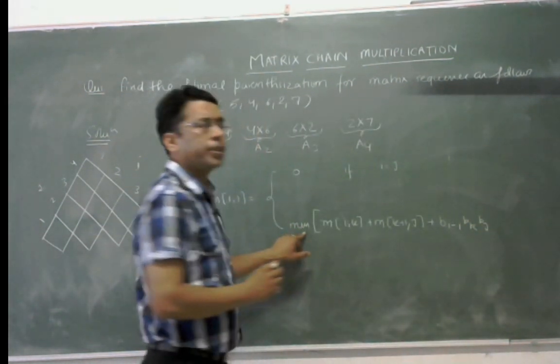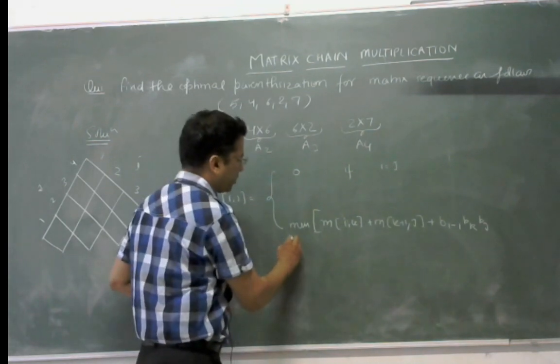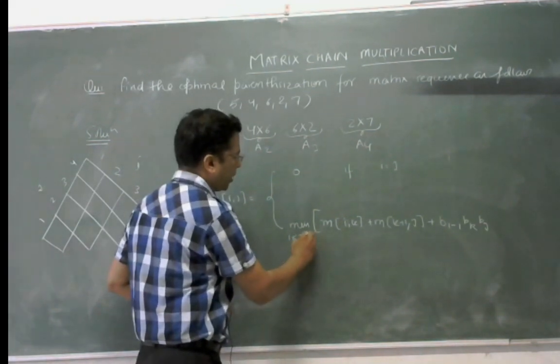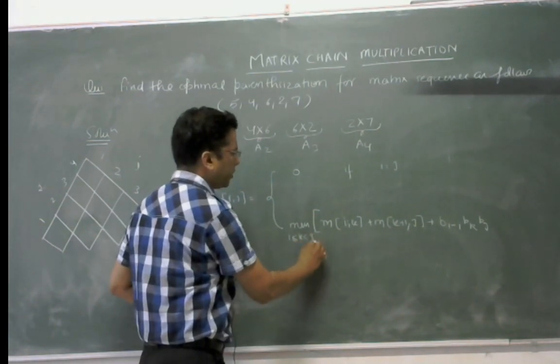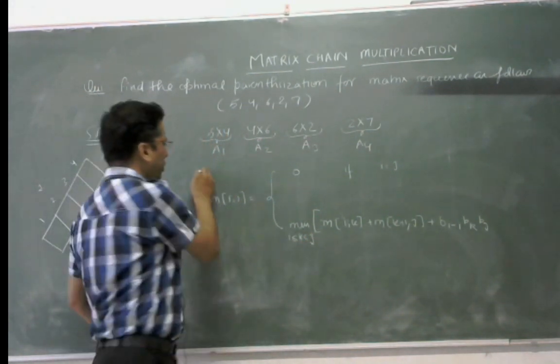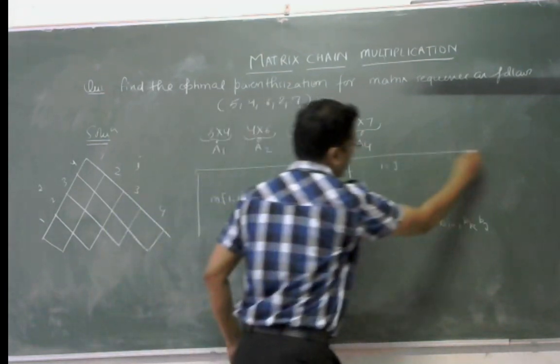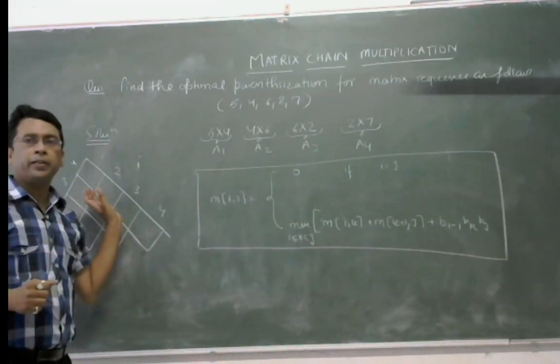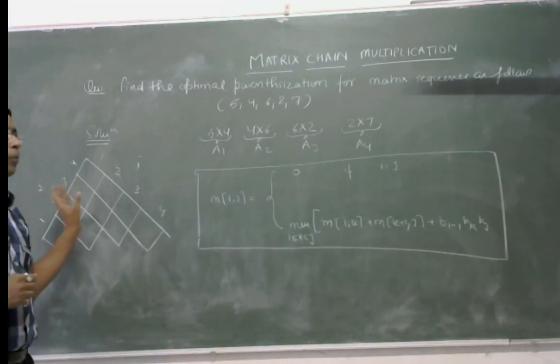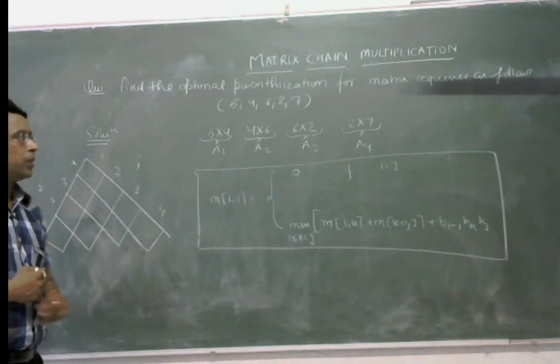Here I have used the term minimum because k lies between i and j. By using this formula, we shall fill up this matrix and we shall get the optimal set of parenthesization.